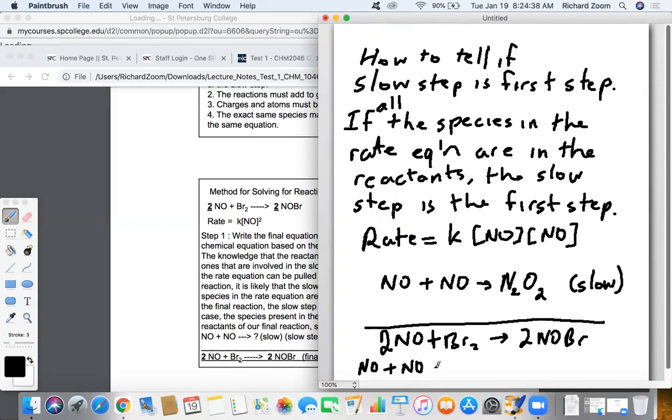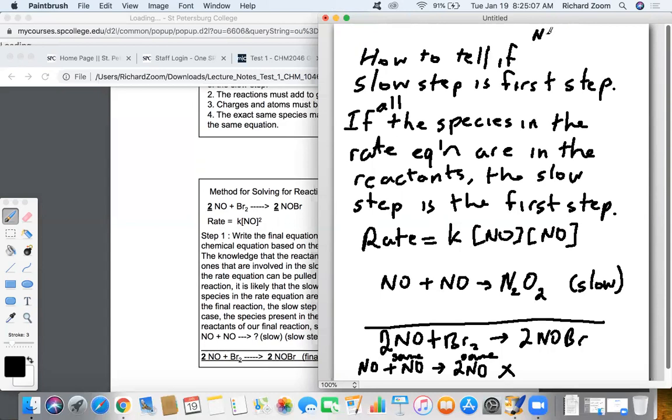And you might be wondering why I can't do this. Okay, so that would be the same. If I had NO plus NO gives 2 NO, that's the same thing. NO plus NO is 2 NO, so I can't do that. I can do N2O2. Let's look at the difference between what 2 NO is and what N2O2 is.